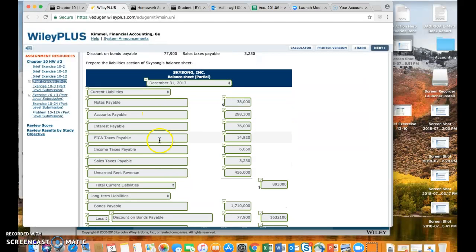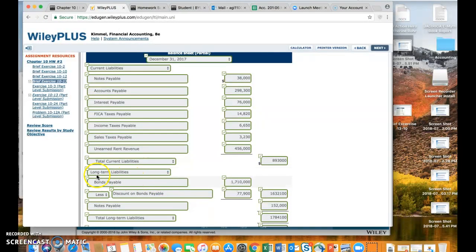After listing all the payables, there's this particular one here, unearned rent revenue. Then I calculate everything up and I had my total, which was 893,000, the total current liabilities. Then I move to my long-term liabilities. I start from the bonds payable, then I less discounts on bonds payable, which gives me the total figure here.